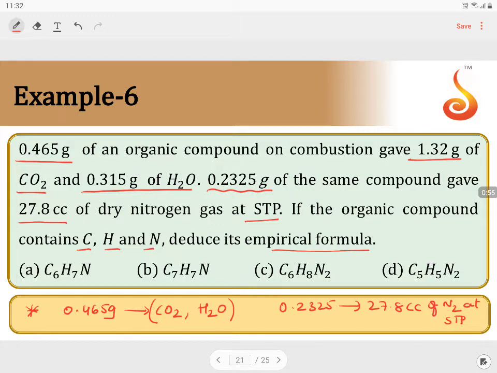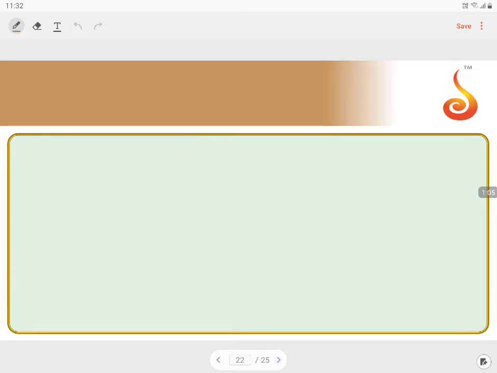First thing we have to do is take every data with respect to either 0.465 or 0.2325. So here, first we'll fix the mass of the compound as 0.465 grams.